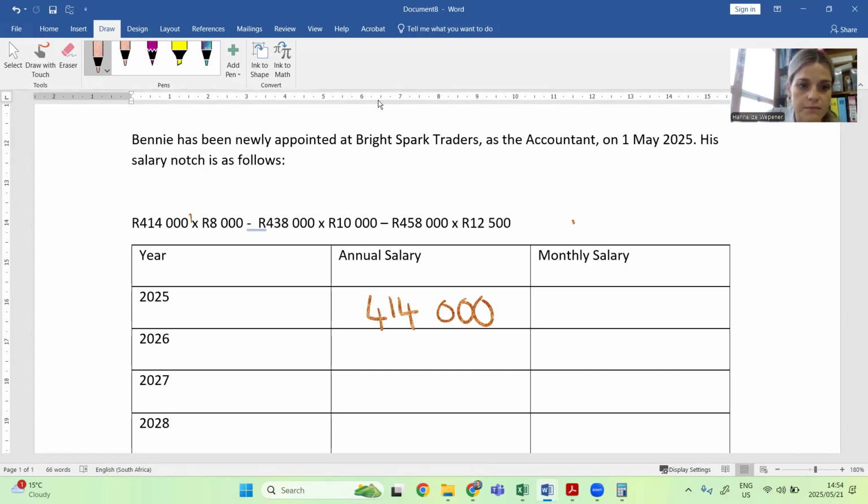This will increase annually. So this is what the multiplied by means. This will increase by 8,000 Rand every single year until he reaches a salary of 438,000. So in 2026, he will earn 8,000 Rand more than in 2025.